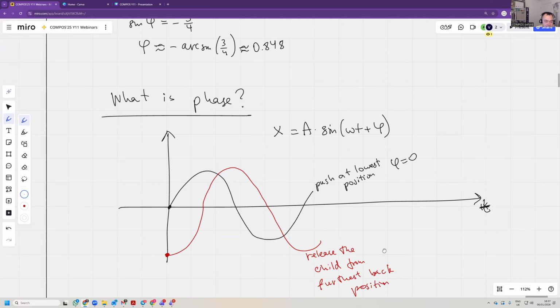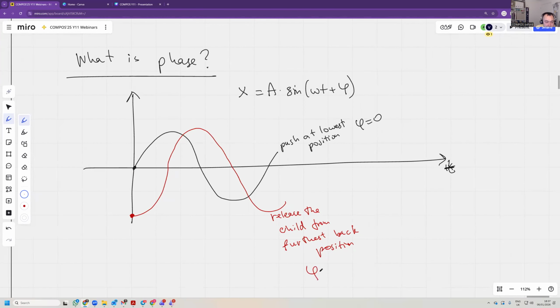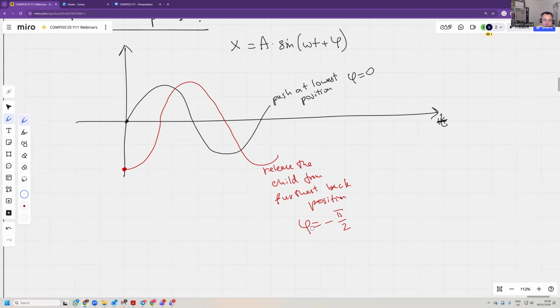And in this case, phase is going to be minus pi over 2. Because if you substitute minus pi over 2, x is minus a, and this is a.